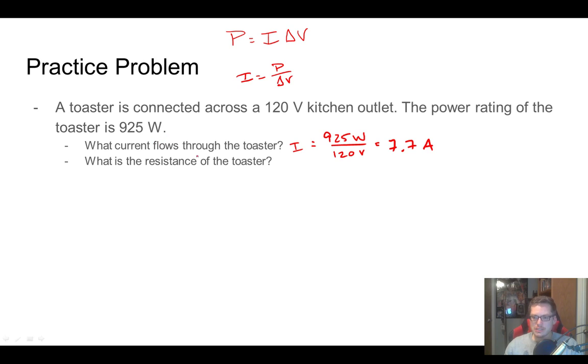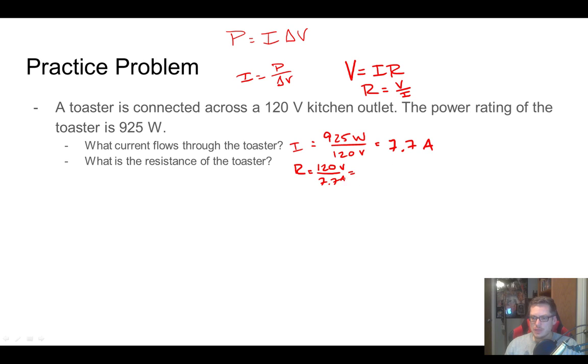It says, what is the resistance of the toaster? Well, we've got a handful of equations now to find resistance, but we could use Ohm's law, V equals IR. If we rearrange this to solve for resistance, resistance is going to be equal to V over I. So we plug in 120 divided by the current we just found, 7.7.